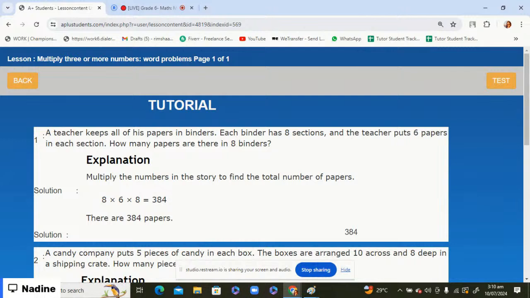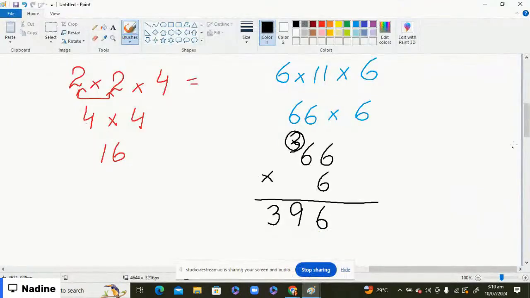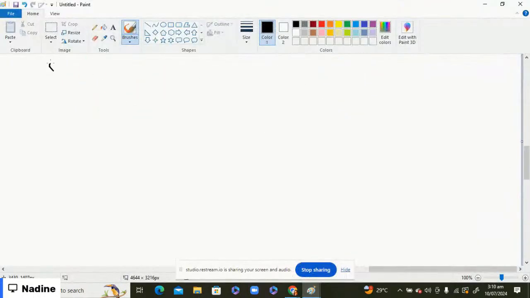So it means how many total sections, that is 8, and how many total papers, which is 6, and how many total binders, that is 8. So 8 times 6 times 8.